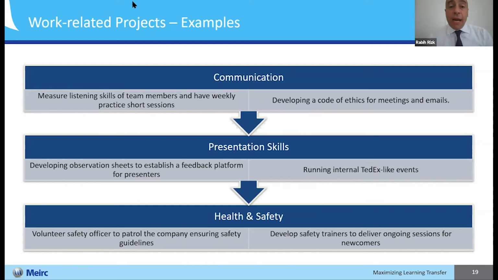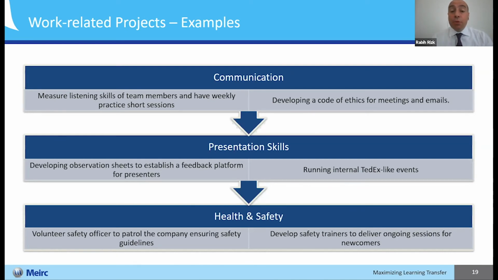You can ask people from the organization to volunteer to take an assessment on their listening skills, and then be part of an ongoing practice session maybe every 2 weeks for half an hour for 2 to 3 months.